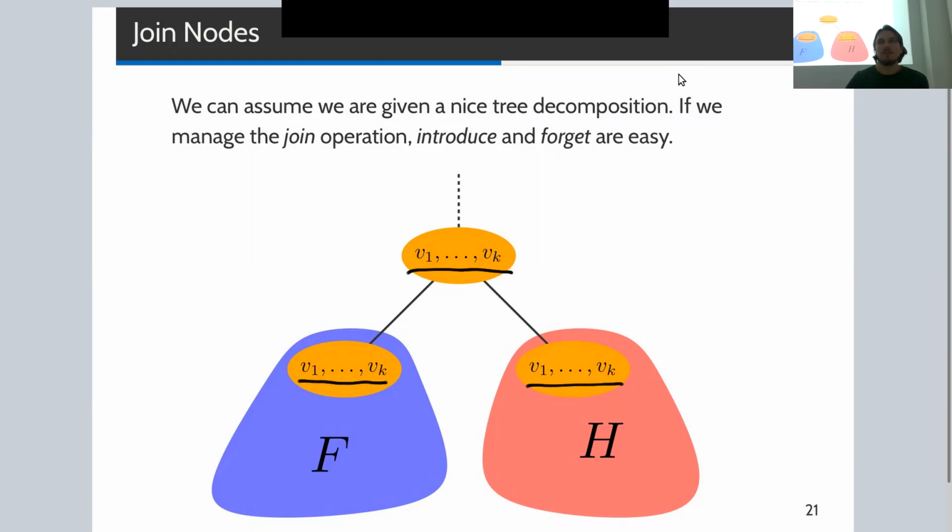And the way dynamic programming usually goes, you have some kind of solution in f, where the boundary is highlighted, and you have some other kind of solution within h, where also the boundary is highlighted. Then during the join step, you have to combine this into some kind of shared information on the graph f union h.